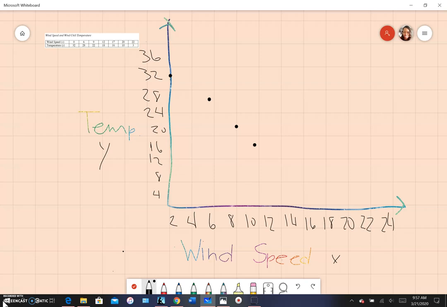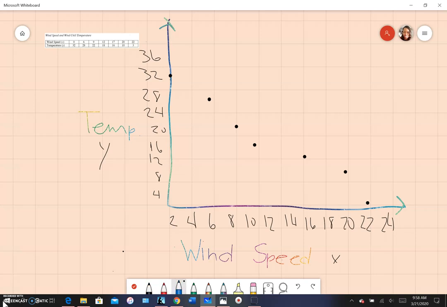Again, some estimation is involved. Wind speed is 17, temperature is 16. Wind speed is 20, temperature is 10, some estimation between 8 and 12. And then wind speed is 22, temperature is 3.